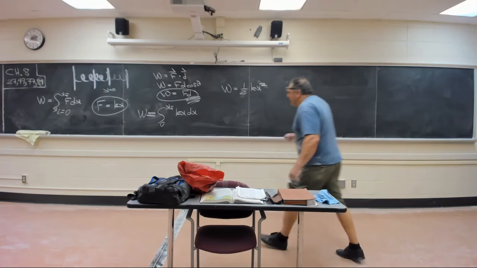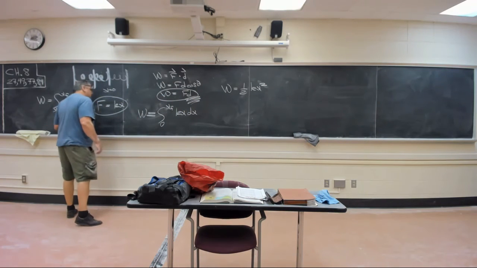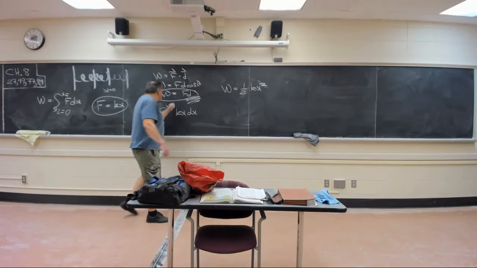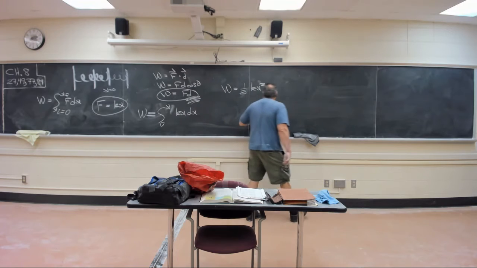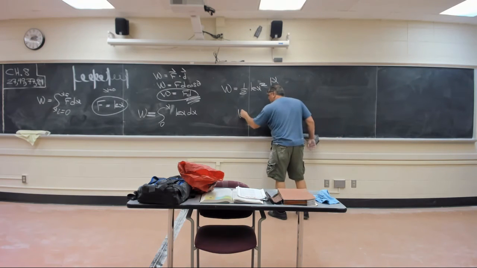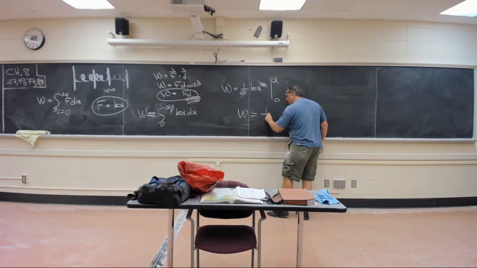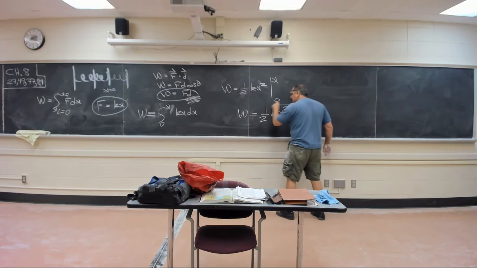And there's a lot of ways here, guys. You could say that x sub f is whatever it is, x sub i is whatever it is. Let's make x sub f just equal to x. And when you do it, you got it from 0 to x. The work that you did starting from 0, compressing it x units or stretching it x units, is this.